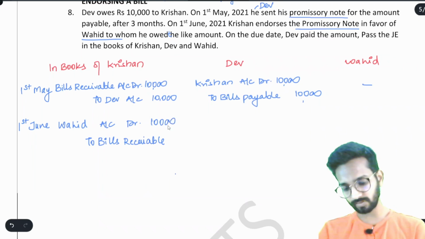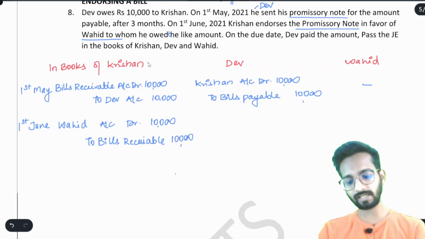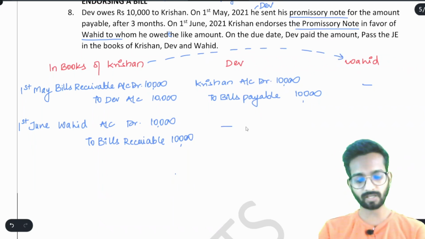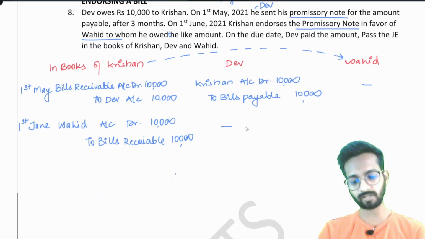The worth was 10,000 and 10,000. See, Krishan directly gave this bill to Wahid. Dev does not know anything about this. Even if Dev knows, he will pass no journal entry for this. Understood? Now, Wahid is receiving the bills. So we have written Wahid account debit to bills receivable. Okay. Our bill is gone.